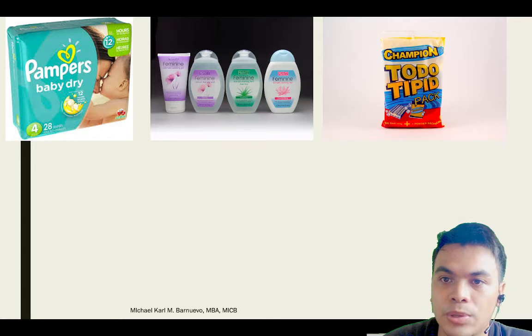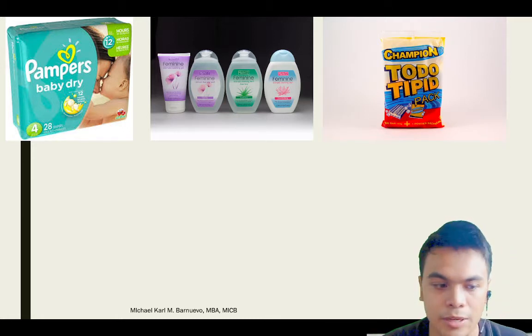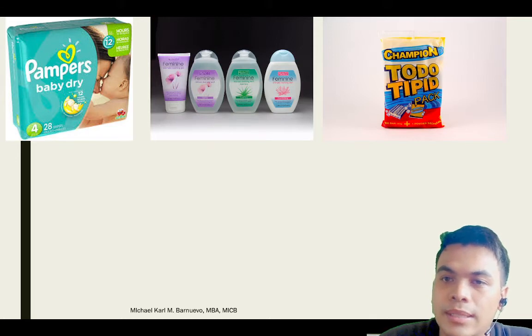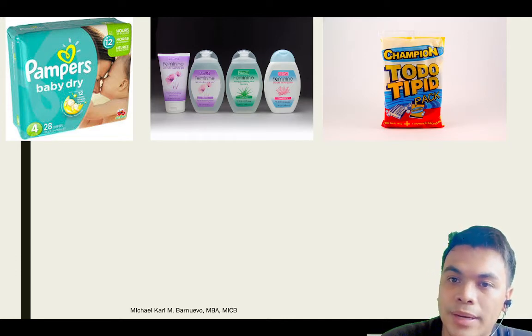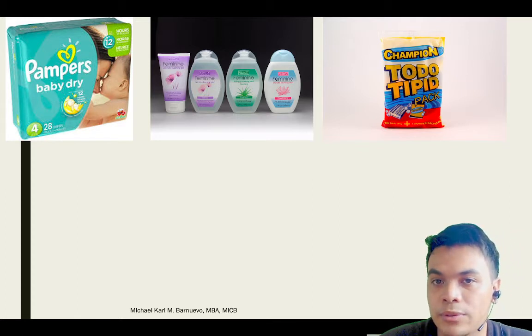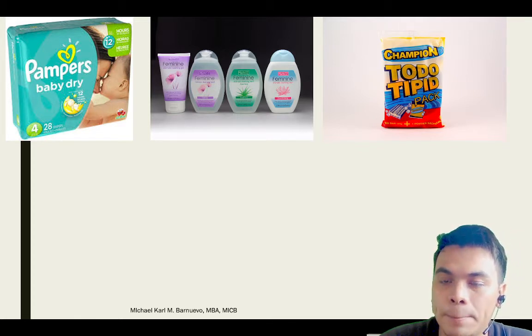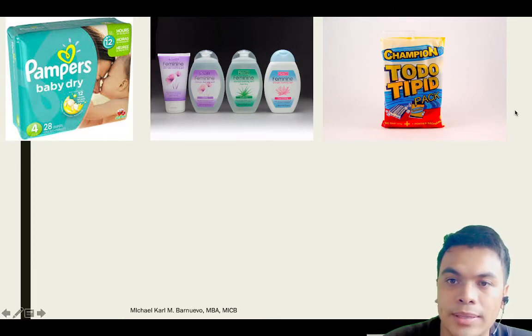How about Champion Todo Tipid? Again, when it comes to budget, this is one of the strengths of these companies, especially Champion. When it comes to detergents, they really offer you the cheapest as compared to their competitors. That's why the group of people with a lower income bracket prefer to buy the tipid packs.